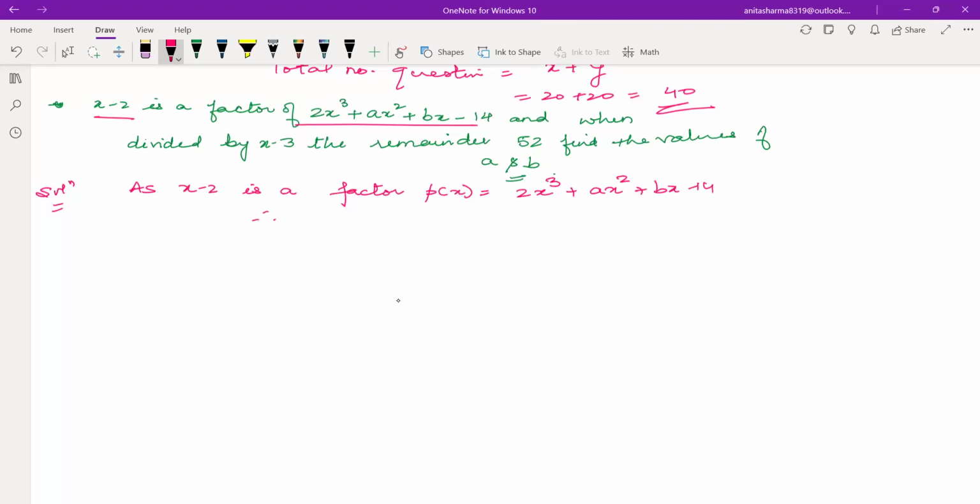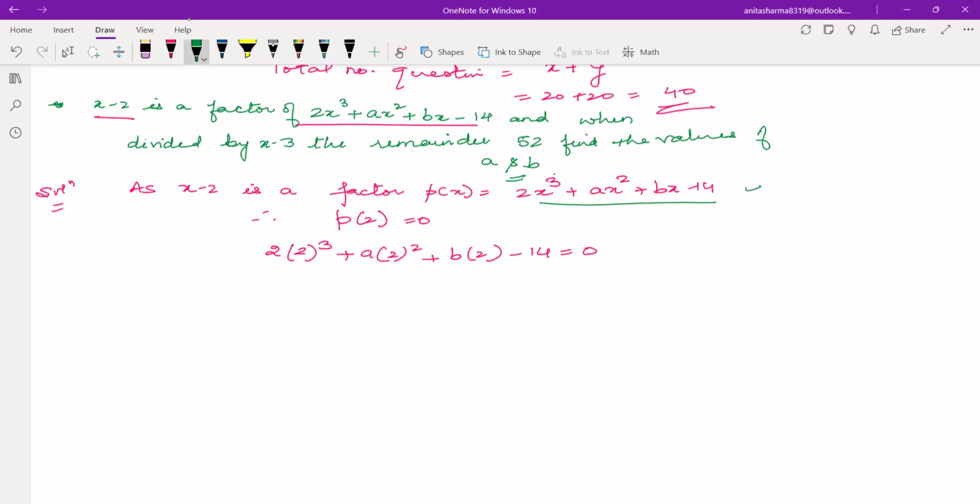Therefore p(2) will be equal to 0, because this is a factor. It means it will completely divide the given polynomial, right? So put the value: 2 into 2 cube plus a into 2 square plus b into 2 minus 14 is equal to 0. Am I clear on this? We are putting the value of x in this equation.